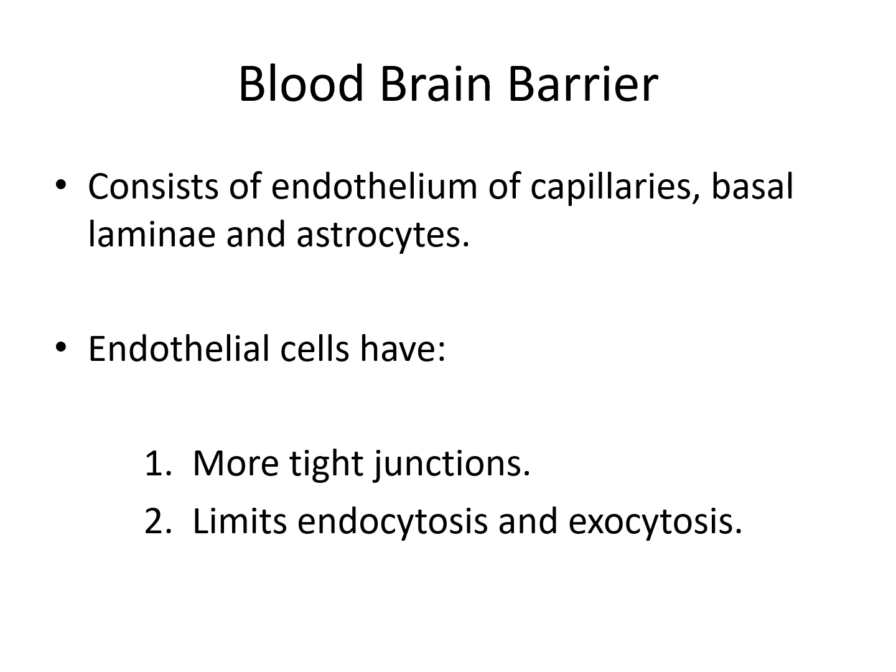Well, the blood-brain barrier consists of an endothelium of capillaries and its basal lamina with astrocytes. These endothelial cells of capillaries are very unique because they have more tight junctions than your traditional body endothelial cells. And with tighter junctions, it will limit the endocytosis and exocytosis across the membrane.